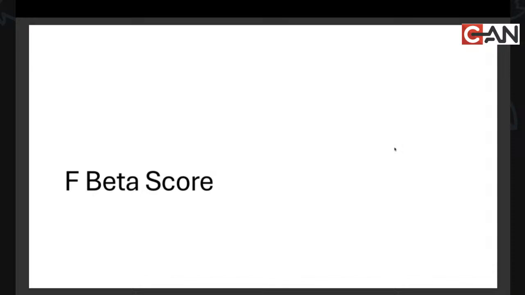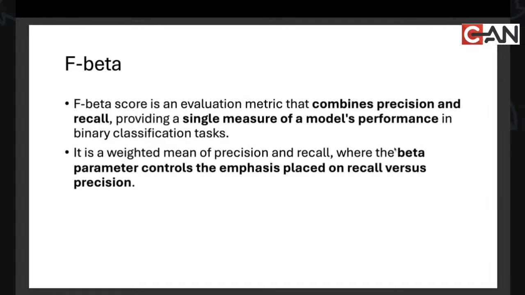So what do you do in a situation where precision and recall are not equal? Sometimes one situation is more important than the other, and you want to weight that appropriately in your metric. And that's where you can leverage something called the F-beta score, which still combines precision and recall.